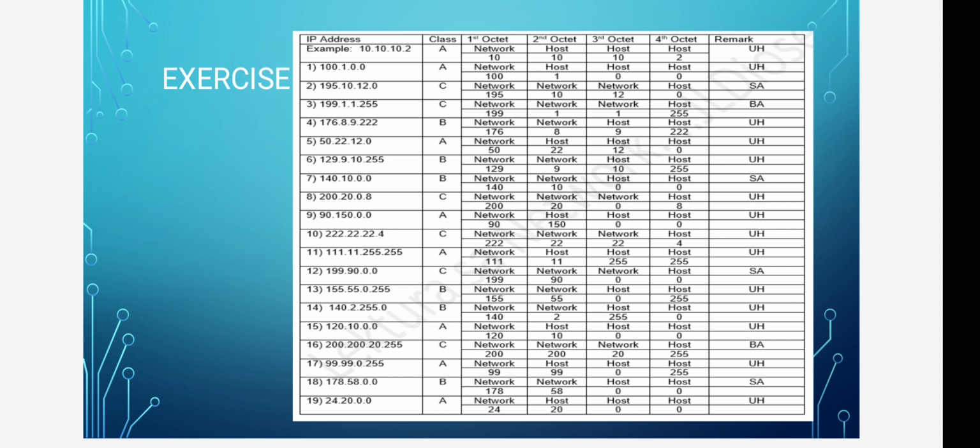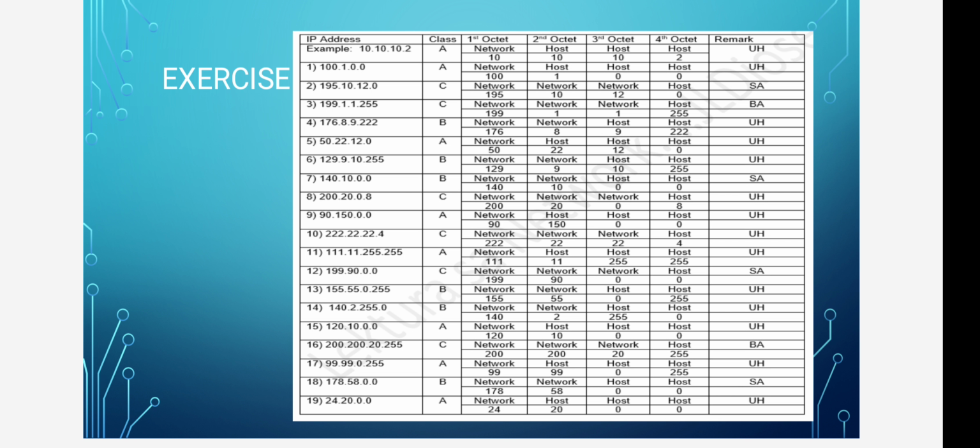All the host parts must be 255, and if it is not 0 or 255, then it is not a subnet address nor a broadcast address. So if that's the case, it is a usable host.